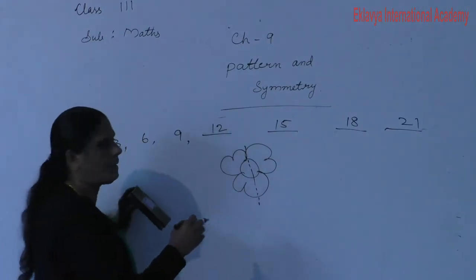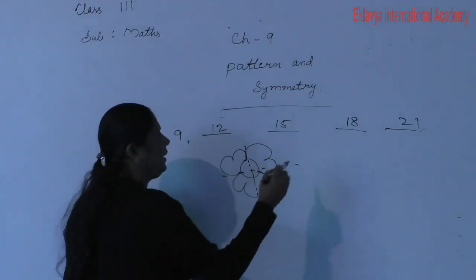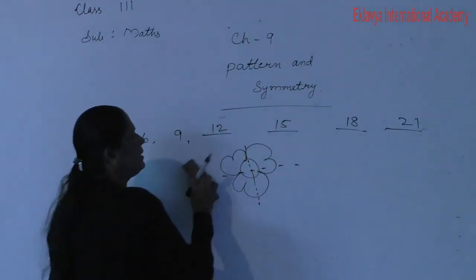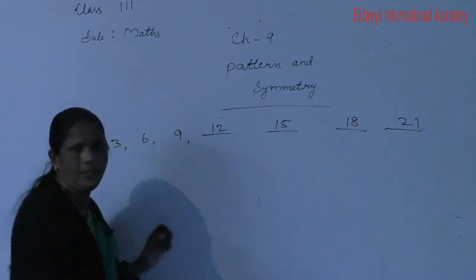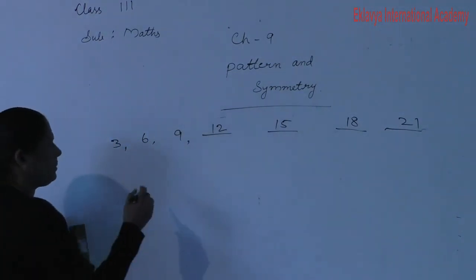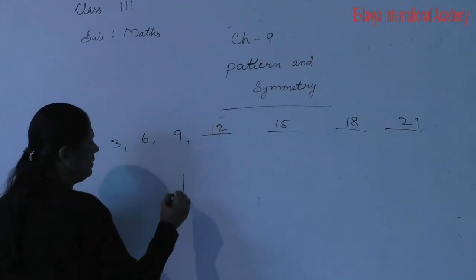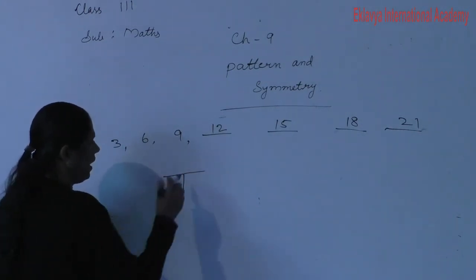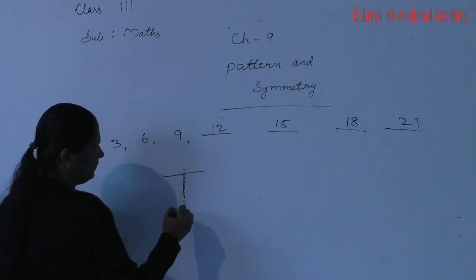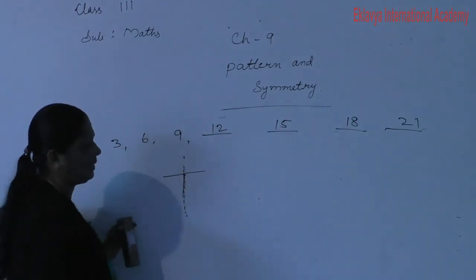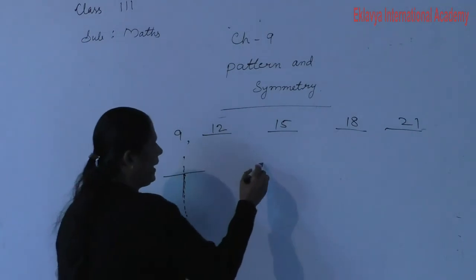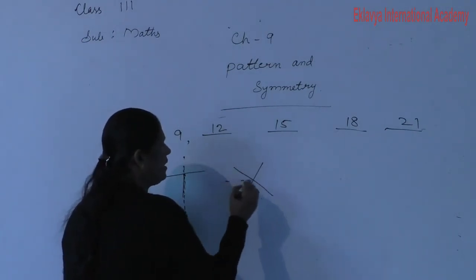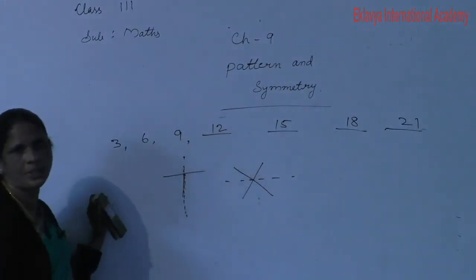This is the symmetry. This also cut here. This is the symmetrical shape. Then in the alphabet, K is also a symmetrical shape. T, we cut the T in half. Then M, X. X also can be cut, a symmetrical shape.